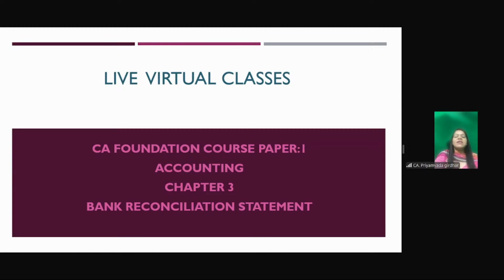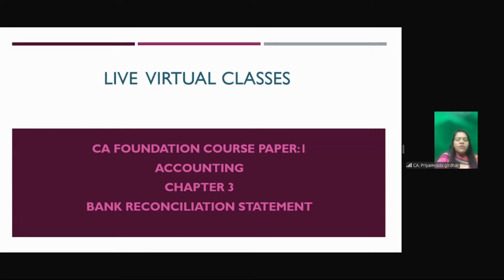The name itself suggests bank reconciliation, the reconciliation of our bank book with our cash book, or vice versa. Sir will guide you on why it is done, how it is done, what the differences are, timing differences and other nature of differences, and how it has to be done.